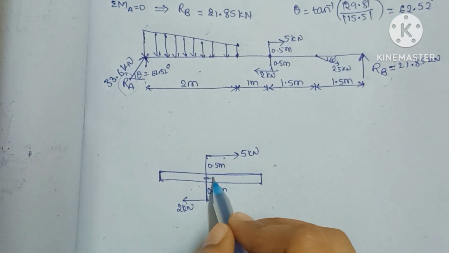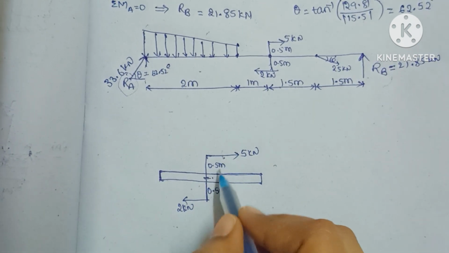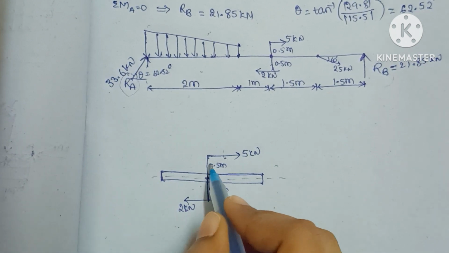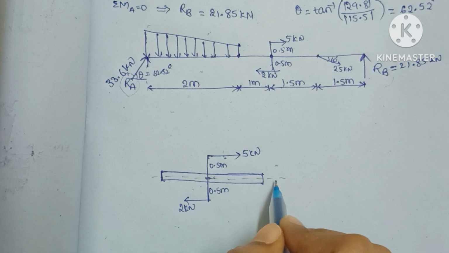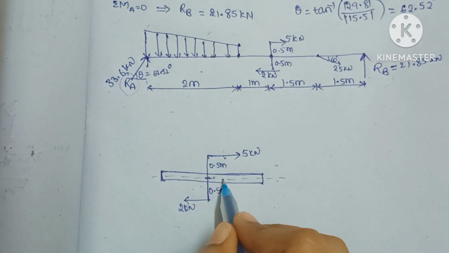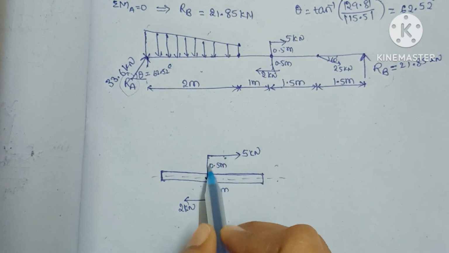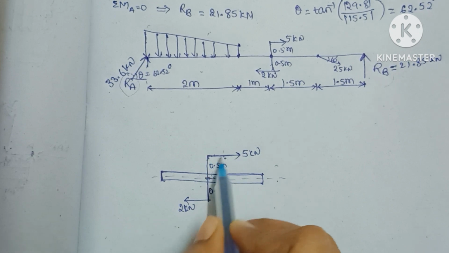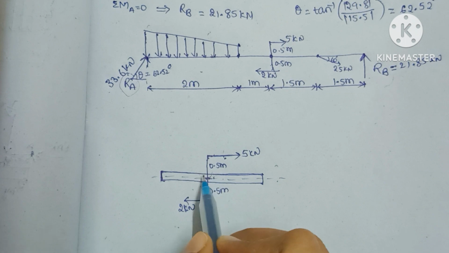For shifting this load here, because this is a beam, we have to show whatever force is acting on the beam only. This force is acting above the beam, and because of this force it will create a moment, so we will see now.